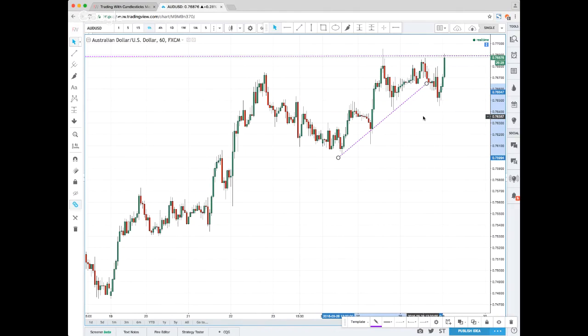And how many of you guys would say that's actually a dying uptrend? Because if you take a look at this very carefully, this uptrend has just become like this. See that? It suddenly turns into a range.